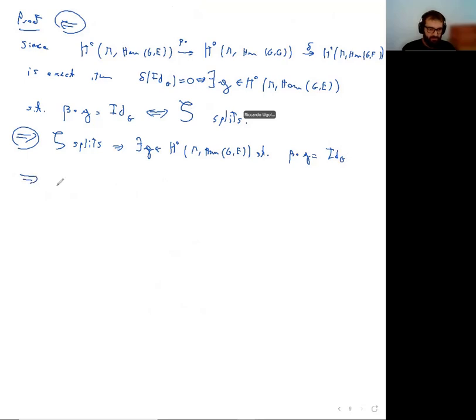But then this means that the identity is in the image of this precomposition, but this is equal to the kernel of delta. So this invariant is 0. Okay.